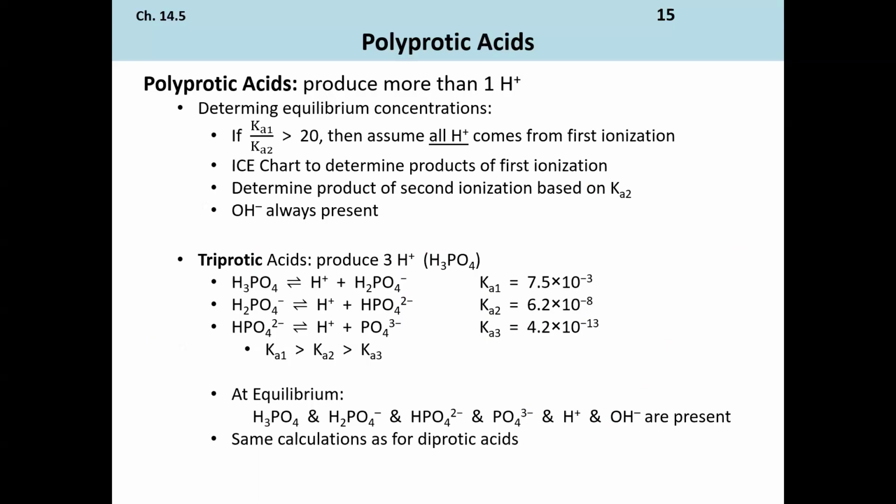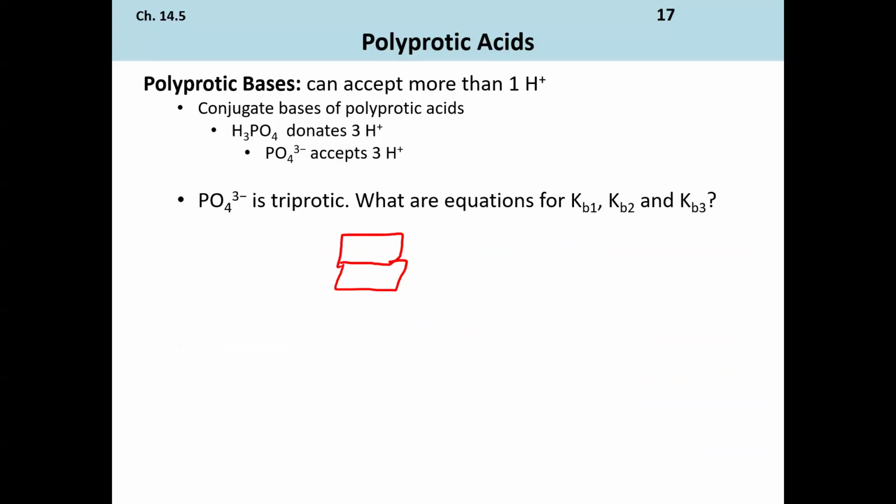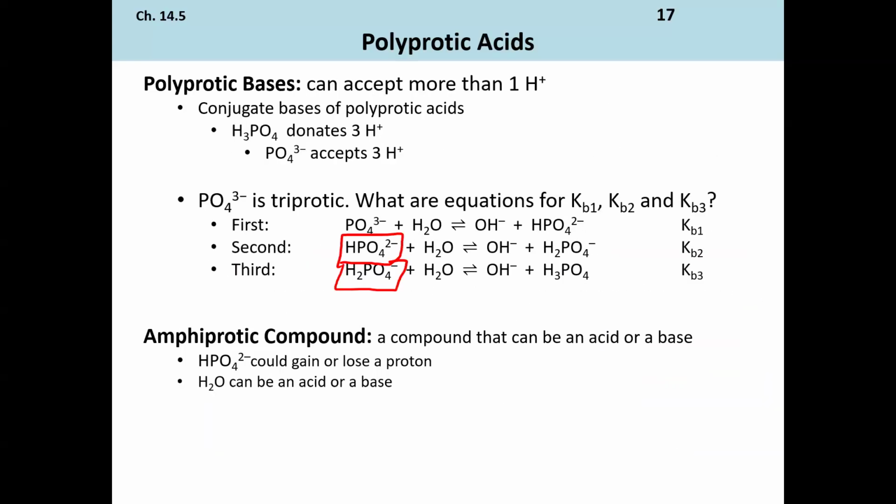So there are some compounds that can be either bases or acids. We call these amphiprotic. An amphiprotic compound is a compound that can either be an acid or a base.